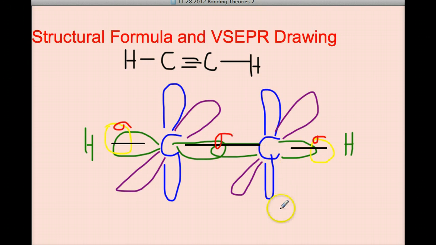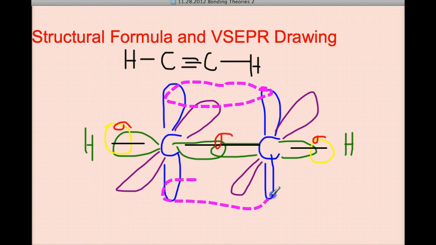Now let's take a look at our py and our pz. If I get these y's closer and closer together, it's going to create these two horizontal sausage bonds, like in the previous example.